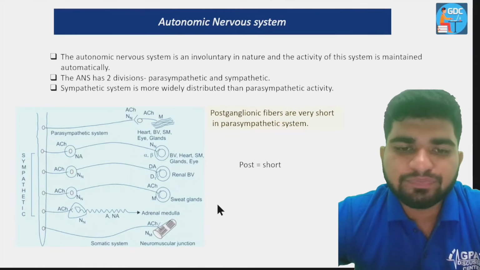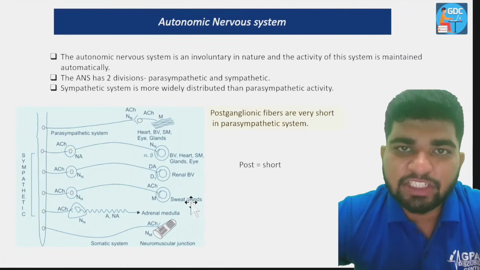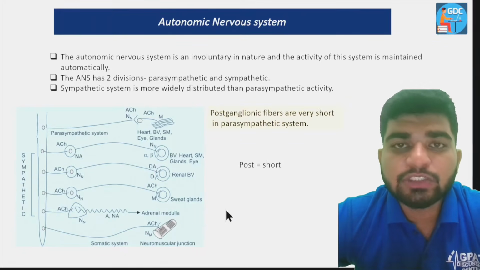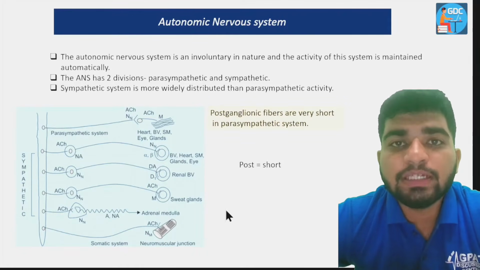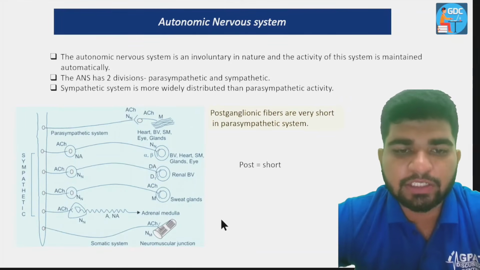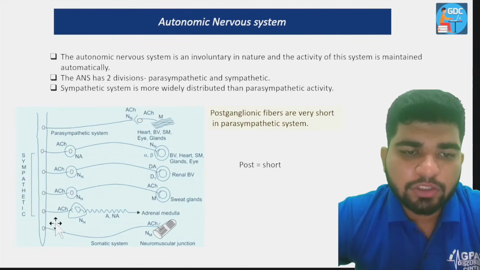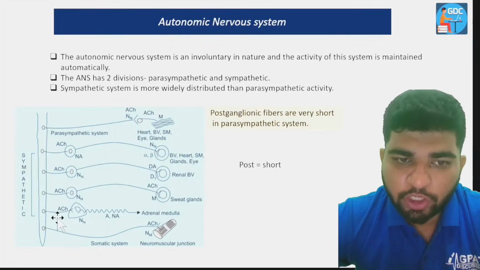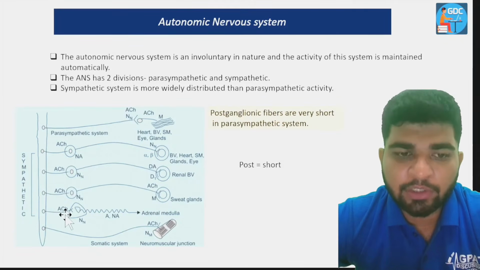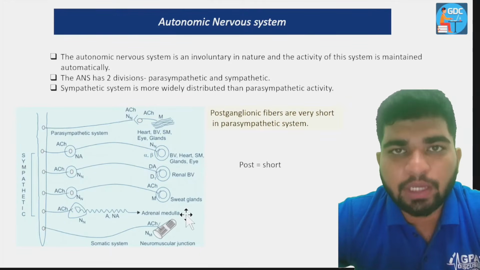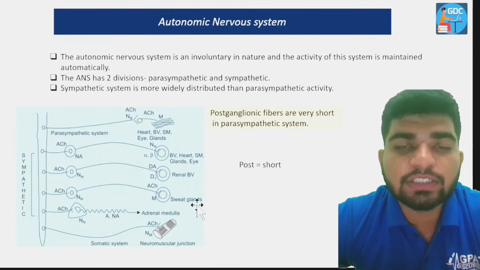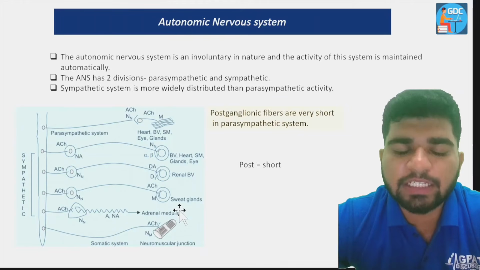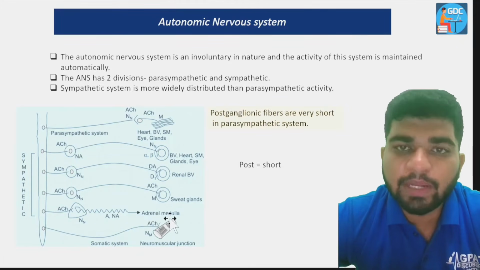Sweating is released whenever you are in a stress condition, and the stress condition belongs to the sympathetic system. Also, acetylcholine acts as a short preganglionic neurotransmitter going to the adrenal medulla. The adrenal medulla is responsible for the release of adrenaline.